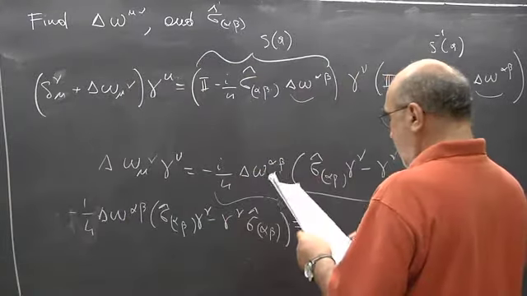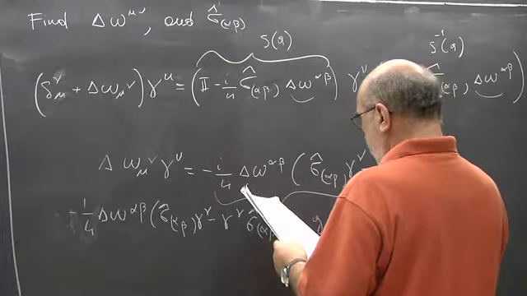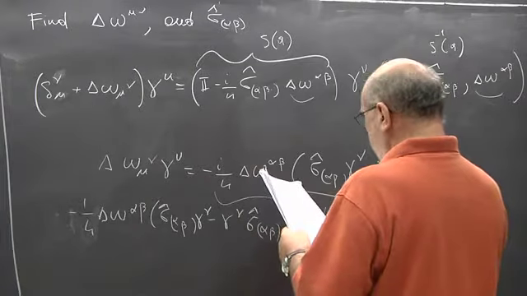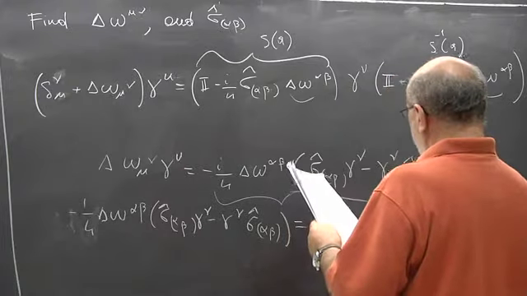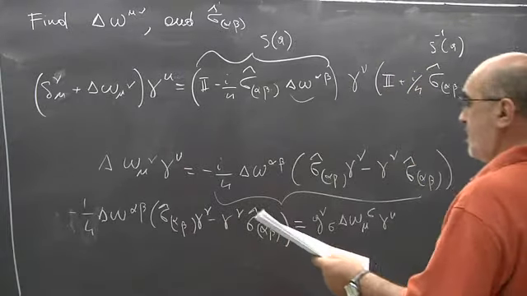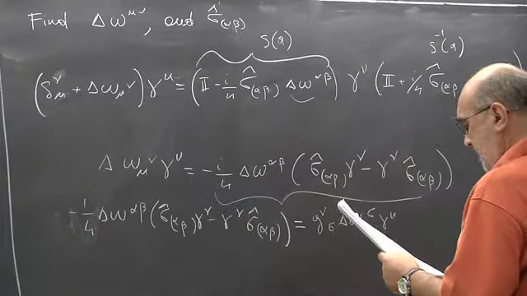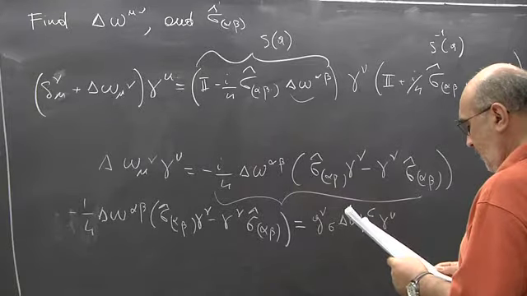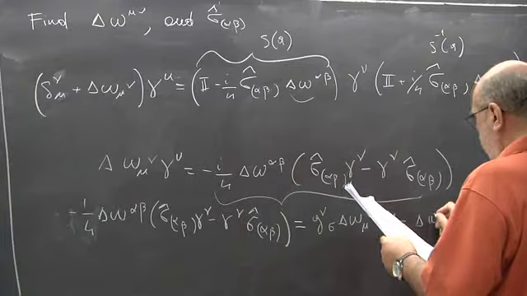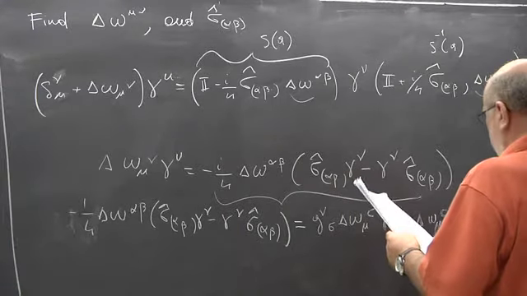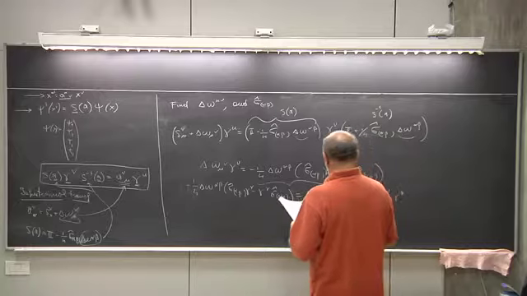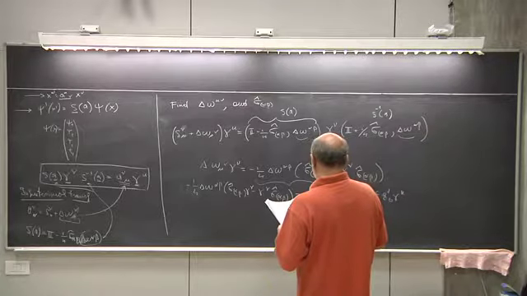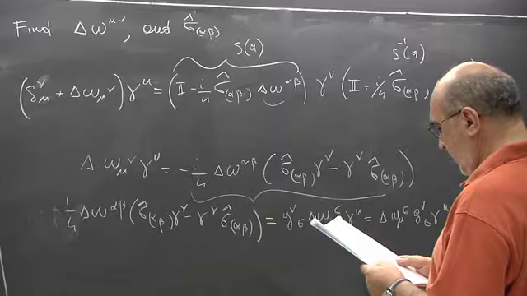Let's remember that this is antisymmetric, so we get, and it must be equal to this, G nu sigma delta omega mu sigma gamma mu. What I have done, let me see what I have done. Let me write, then I understand. Right, but I have to leave the i there.